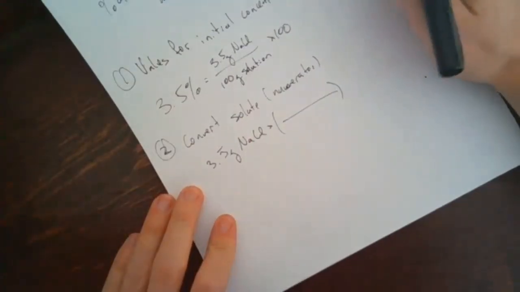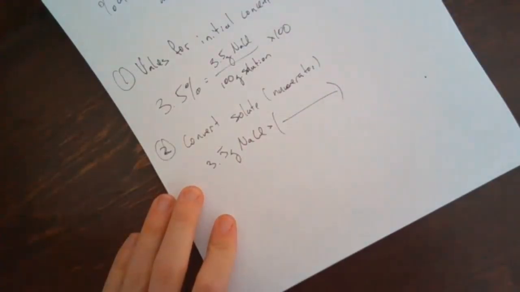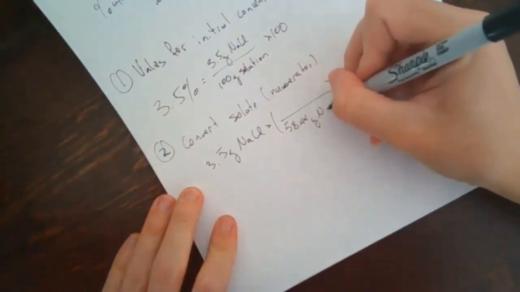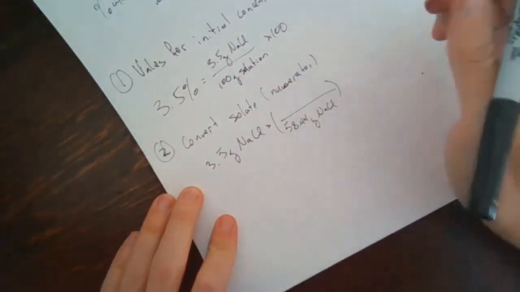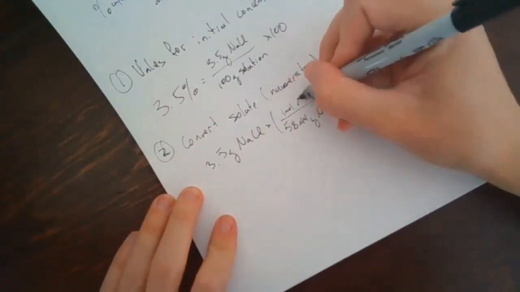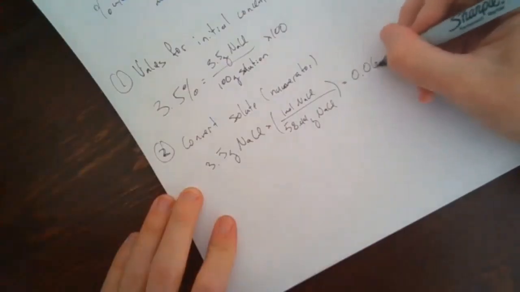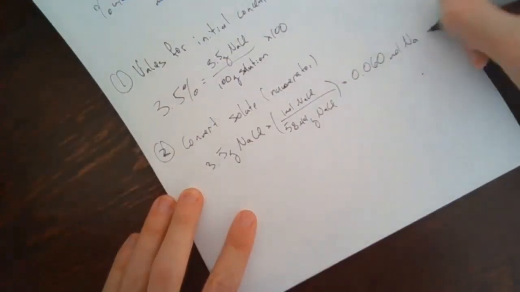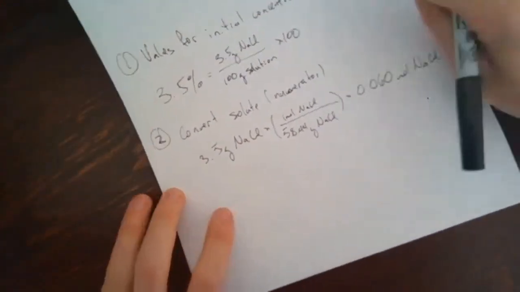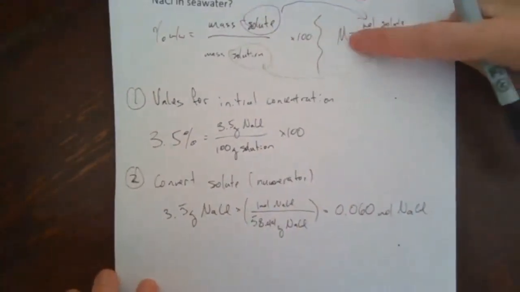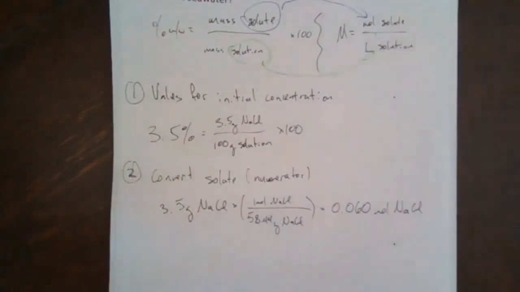What I want is to be in moles, so I can use the molar mass: 58.44 grams of NaCl for every 1 mole of NaCl means that I have 0.060 moles of NaCl. So perfect. That was the top conversion that I needed. I want a molarity. If I have moles of solute and liters of solution, I'll be good to go. So I converted that out.